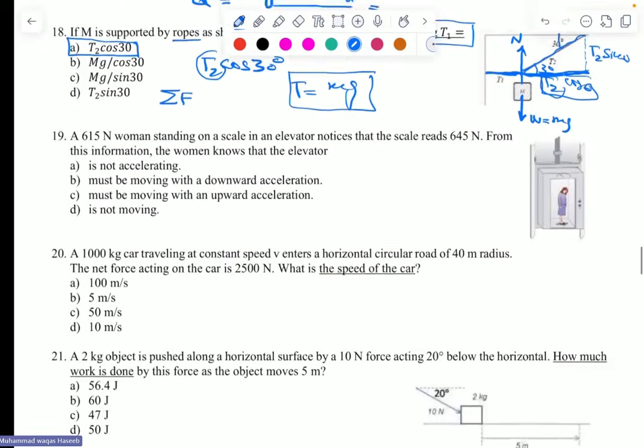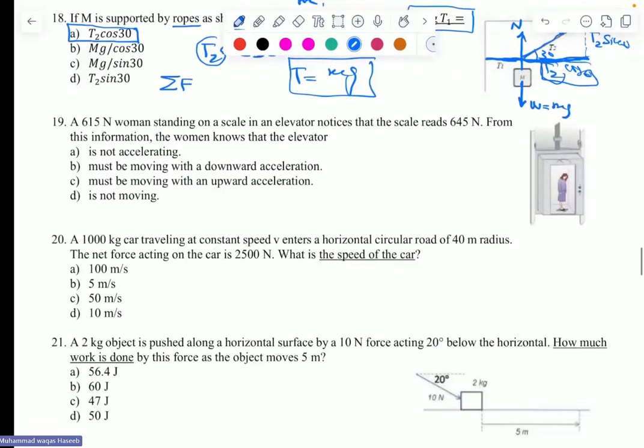Now moving to the next question, question number 19. A 615 Newton woman is standing on the scale of an elevator, and the scale reads 645. From the information, the woman knows that the elevator is not accelerating.